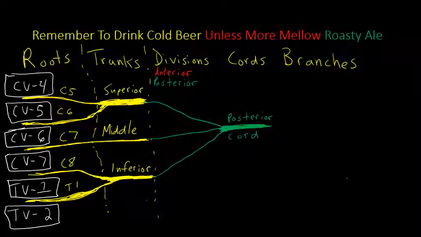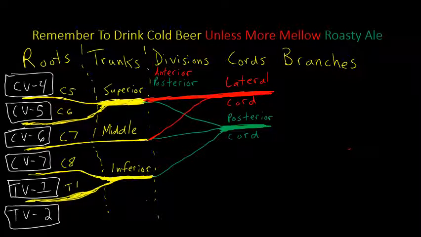Then there are the anterior divisions. The anterior division from the superior trunk joins together with the anterior division from the middle trunk in order to form the lateral cord of the brachial plexus.